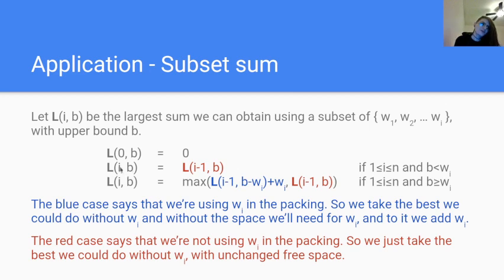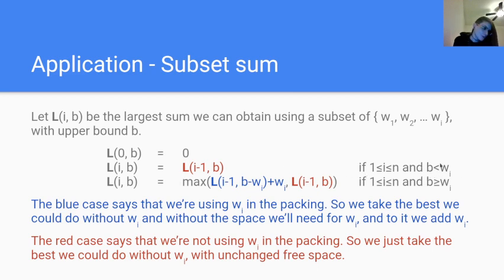We're not going to be able to use the ith item because the weight of i is greater than the upper bound that we're allowed to have. w sub i is greater than b. So we're not going to be able to use the ith item at all. So this is just the same as writing L of i minus 1 comma b. We're not able to use the ith one. It's too big to fit in with what we have left. That's what this condition is saying.